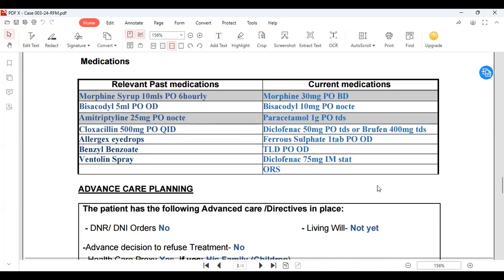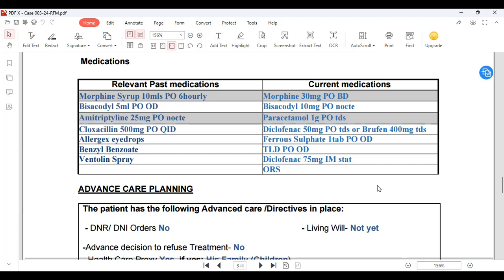Relevant past medications. Patient was receiving morphine syrup 10 mL orally 6 hourly, bisacodyl 5 mL orally once a day, amitriptyline 25 milligrams orally at night, flucloxacillin 5 milligrams orally 4 times a day, Allergex eye drops, benzyl benzoate, Ventolin spray. Current medications.